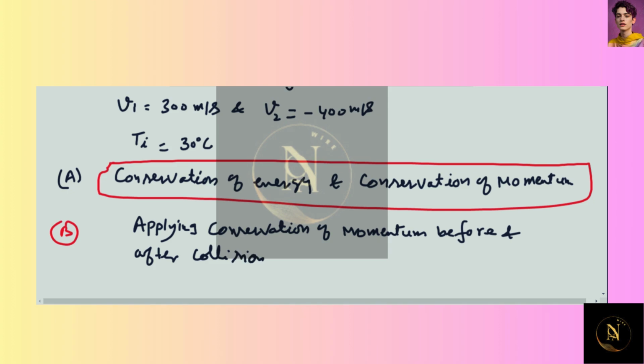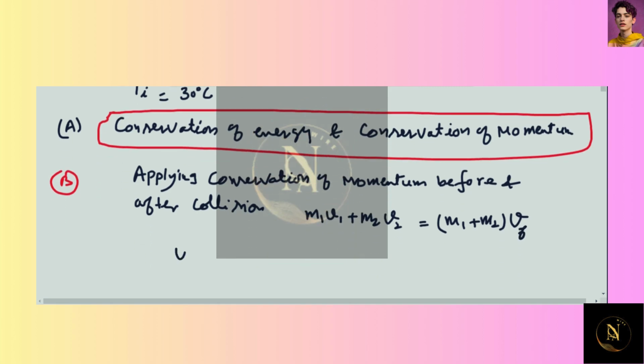That is M1V1 plus M2V2, because after collision both stick together, so both will move as a single body with velocity V final. So final velocity you will get M1V1 plus M2V2 over M1 plus M2.